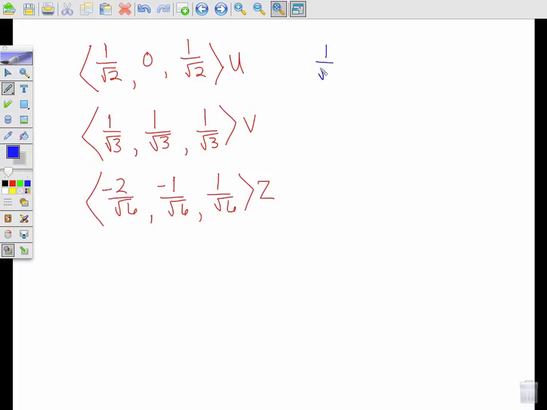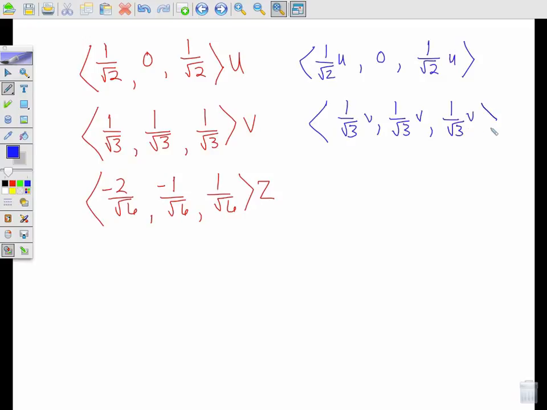So 1 over the root 2 times u, comma, 0, comma, 1 over the root 2 u. And we've got 1 over the root 3v for all three of these. And times z.